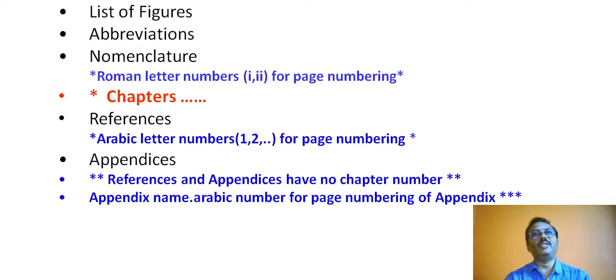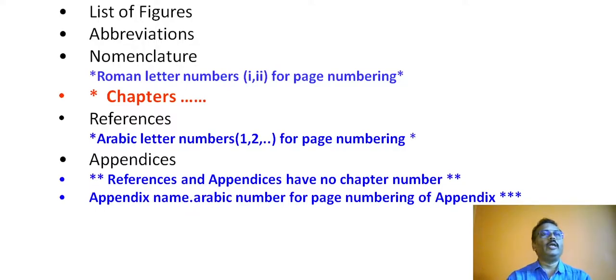On the cover page, you will not be printing any page number. On the remaining pages, you will be printing the page numbers. So the page numbering starts from the cover page as page 1, and up to the nomenclature, there will be Roman numbers.